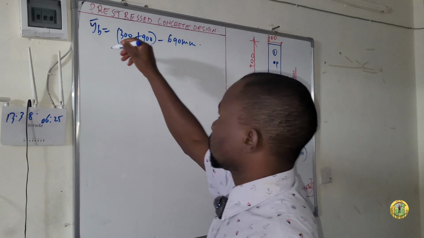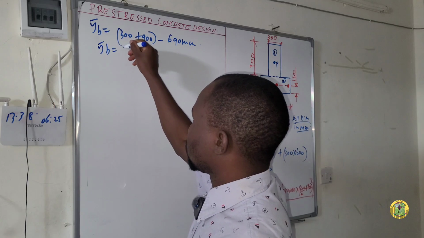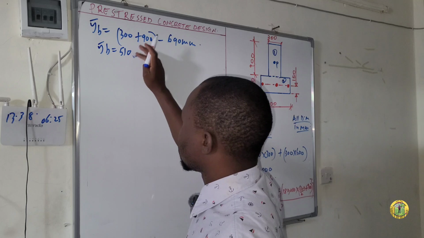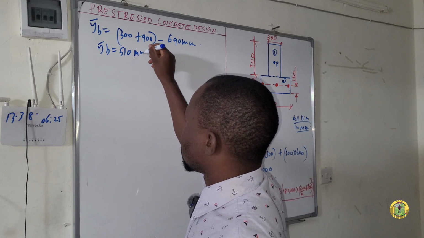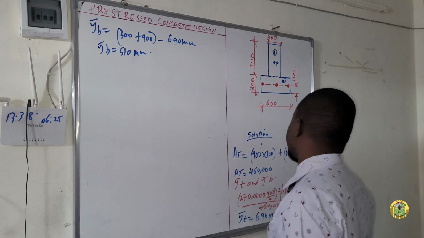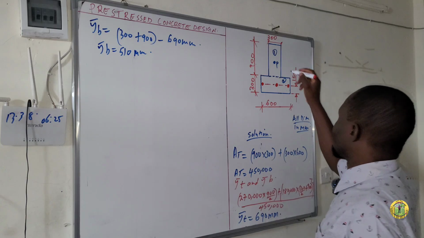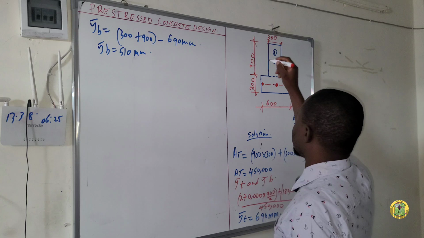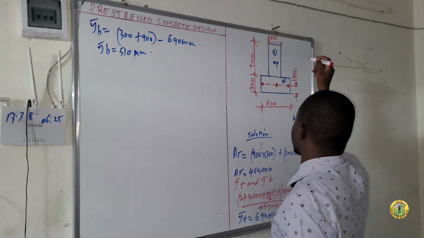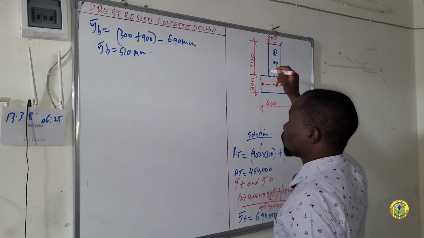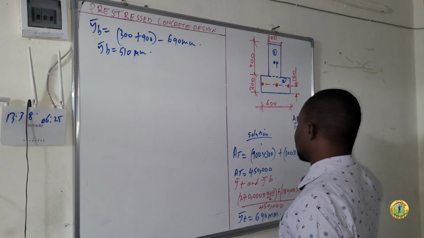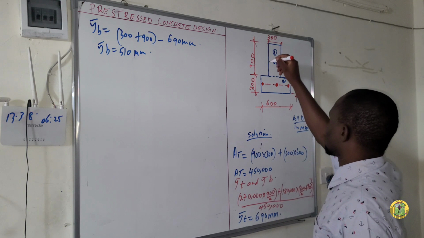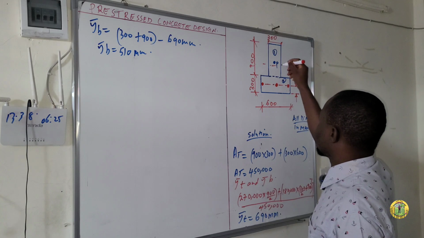The y bar bottom is equal to 510 millimeter. If we indicate this on the section, this is how it will look: the y top is 690, around there.